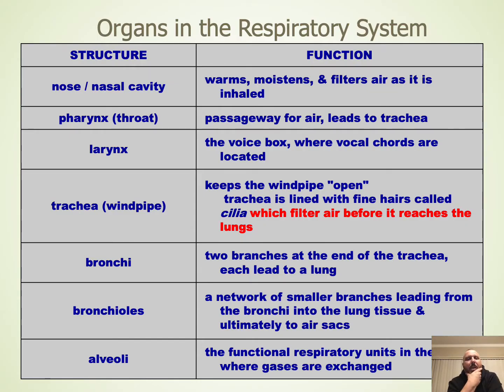Okay, so the table here breaks that down in a little bit more of a structure from inside to out. So the nasal cavity warms, moistens and filters air as it is inhaled.